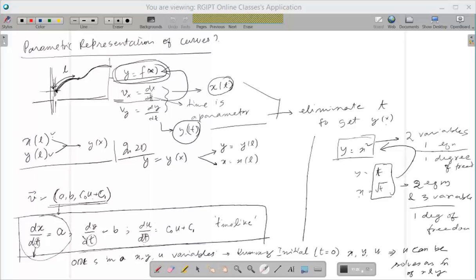You can change x, you can change y, you can change u. These values can change by using these rules. This set of three rules will tell you how x, y, and u are going to change. So basically, that's what gave us a curve in three-dimensional space, right?